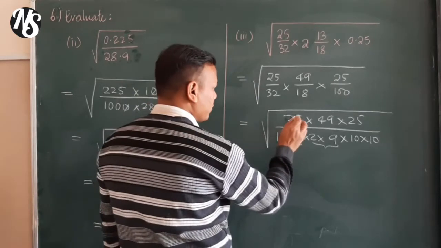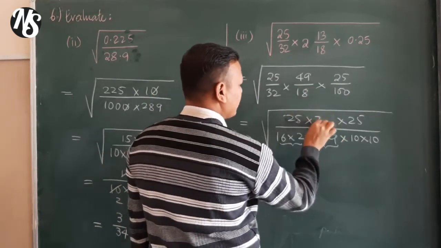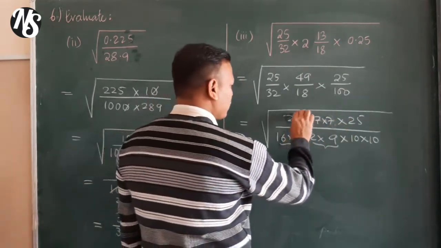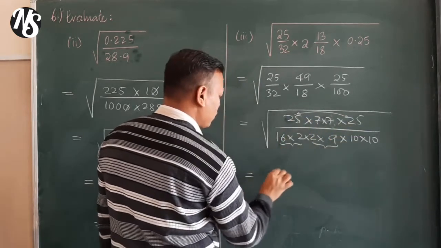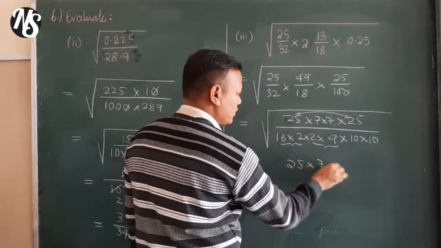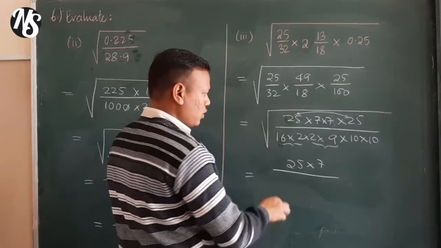Now see here, instead of this 49, let me write 7 into 7 in order to make the pairs. Now see, we have got these two pairs, so instead of these two 25, I'll just write 25. Instead of these two 7, I'll write only 7. This 16, the square root of 16 is how much?